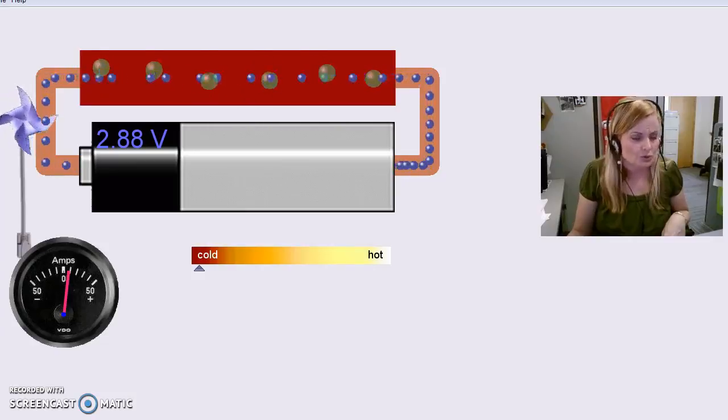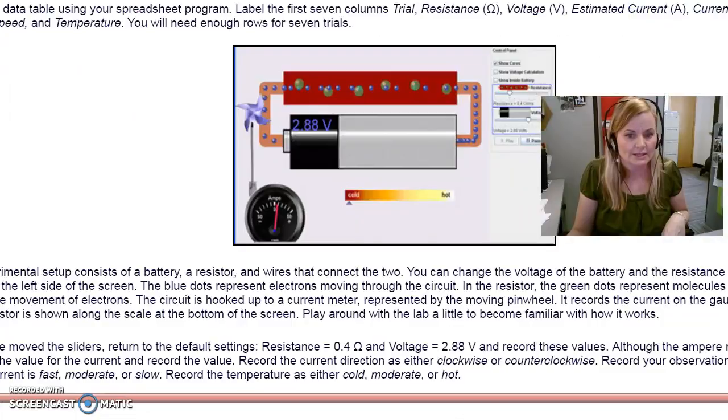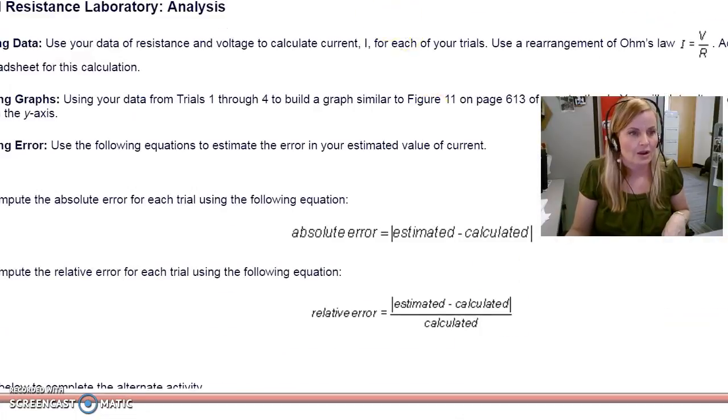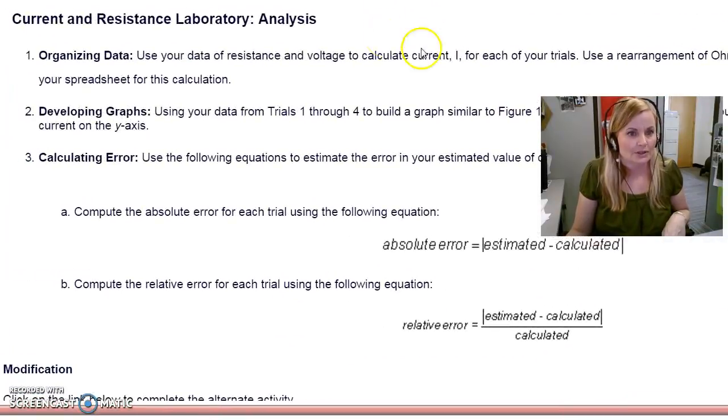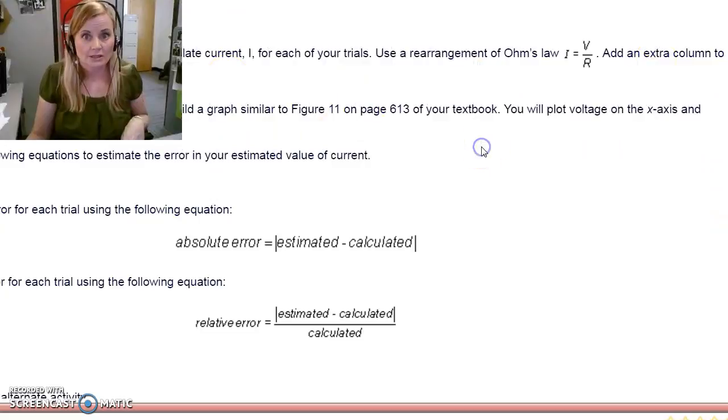So then I'm going to go to my lab here and see what questions it wants me to answer. It's going to ask me to do some calculations. In addition to the data that I recorded, you're going to use Ohm's law to calculate the actual current, the actual amperage. I estimated 8 using my ammeter.